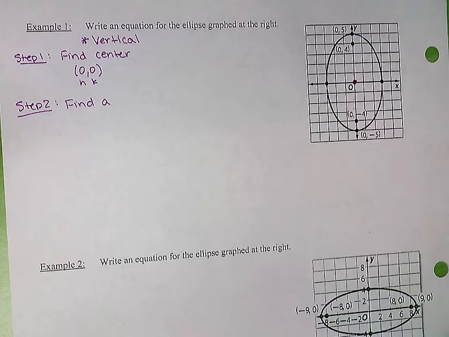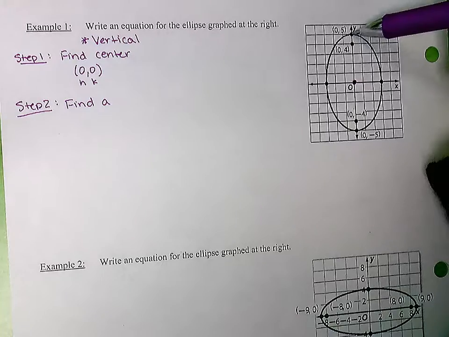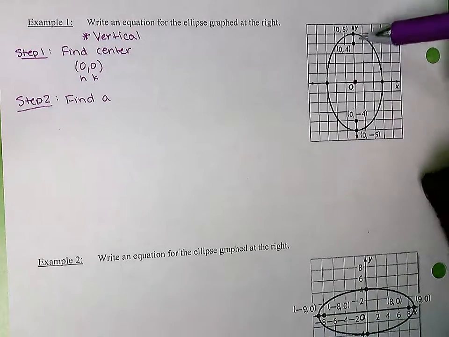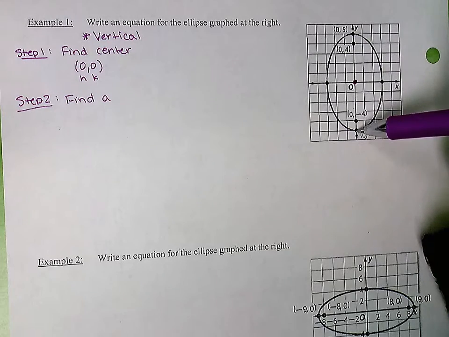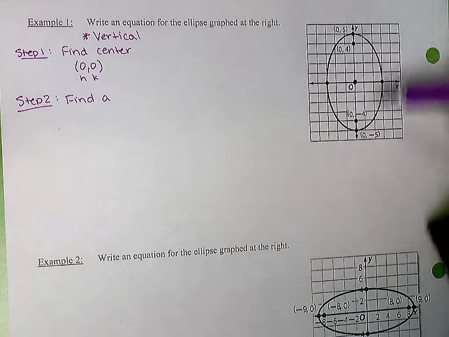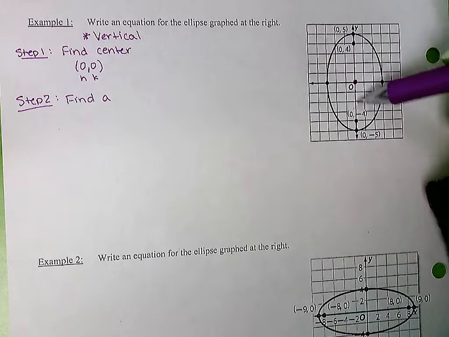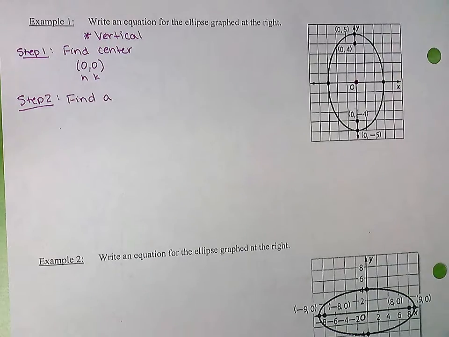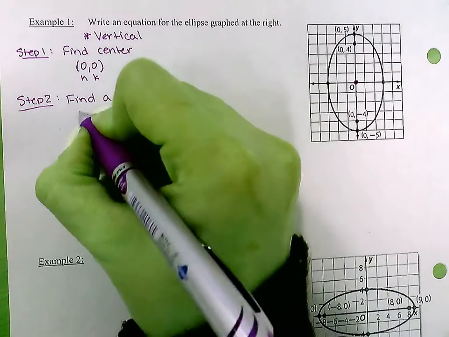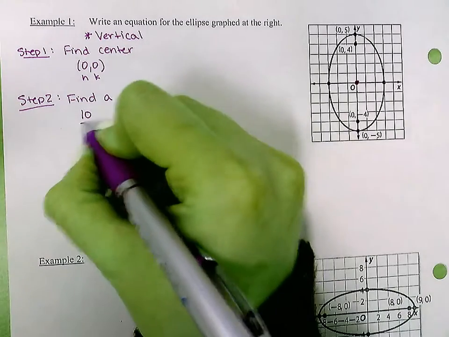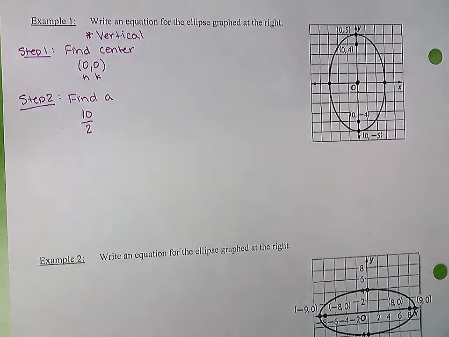Okay, so your major axis is that distance between your vertices. Okay, so my major axis is this long right here. So I can count how many that is. Okay, that's your major axis. So you take 10, and that's divided by 2.